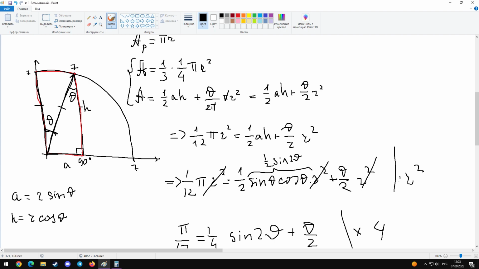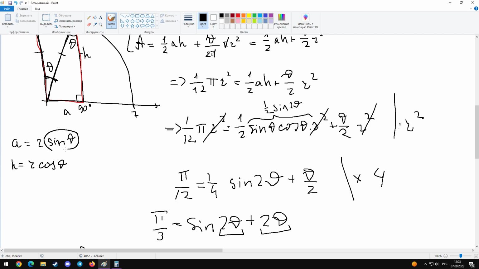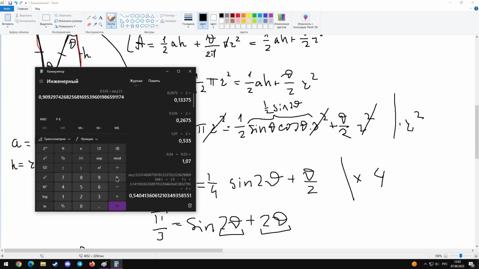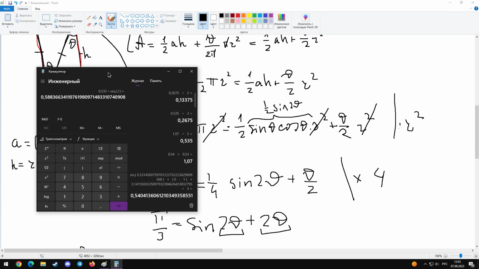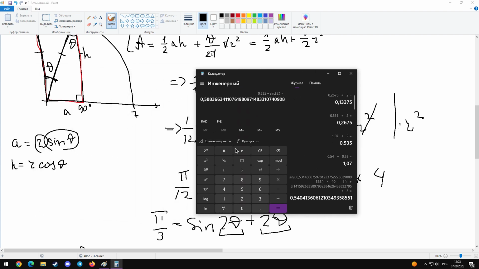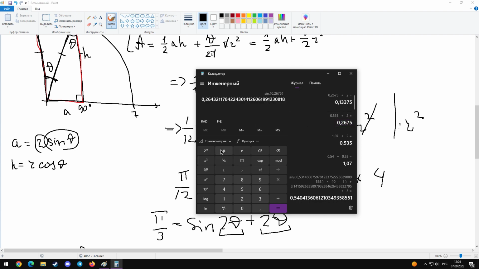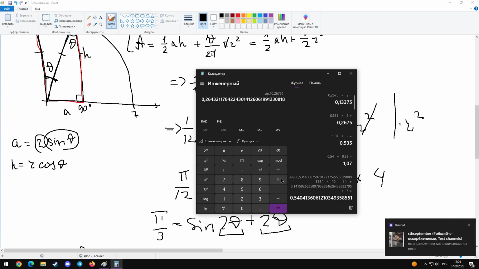And I want to find A. So to find A, I take sine of theta and multiply it by r. I take this value, sine of it, and multiply by 7.